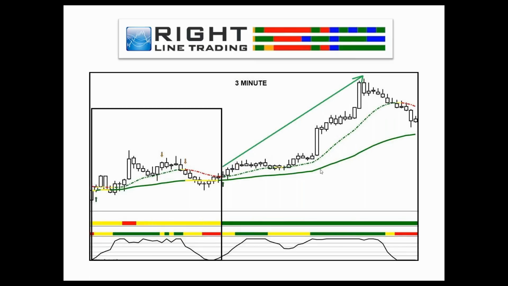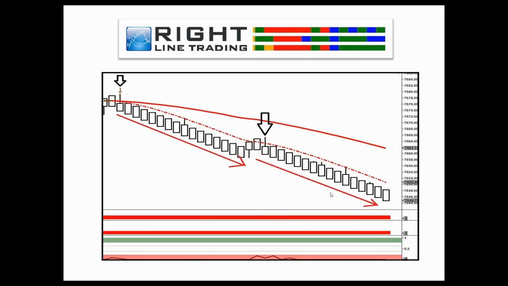Now remember, price is above the 50 and the 15, the 50's green, and the 15's green. So this might be an analyzer signal to go long. We don't know yet because there's a third very important parameter that we look at. And here's just one more example. This is actually on crude oil.